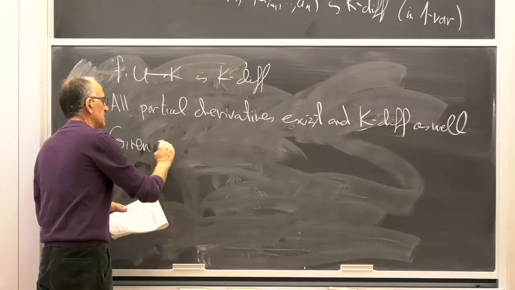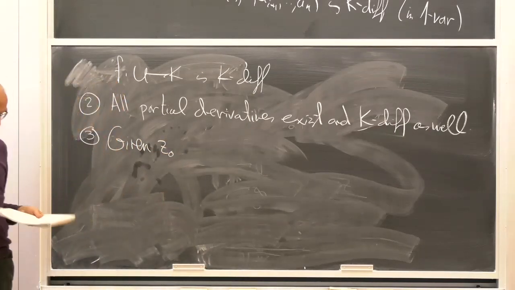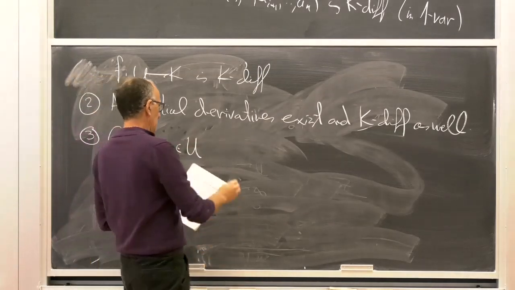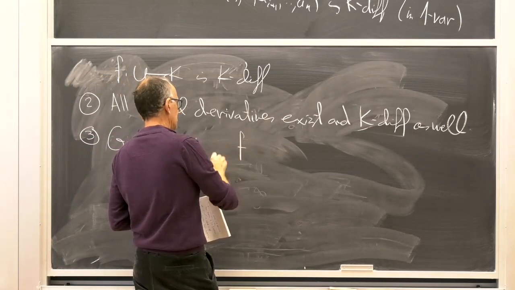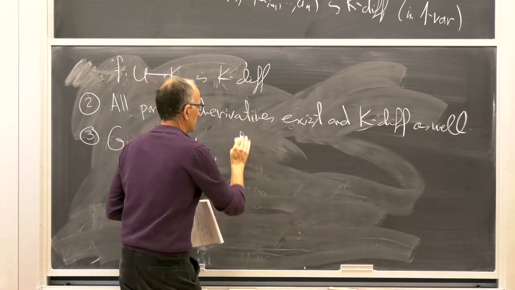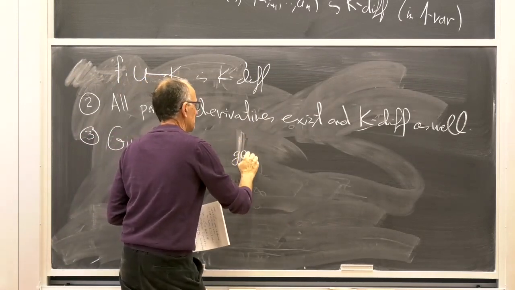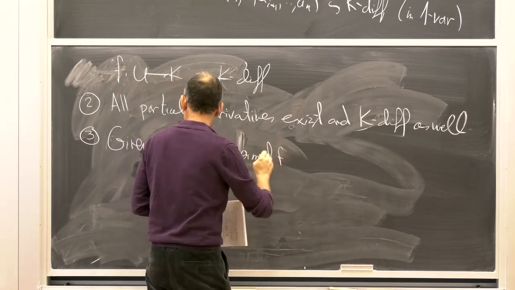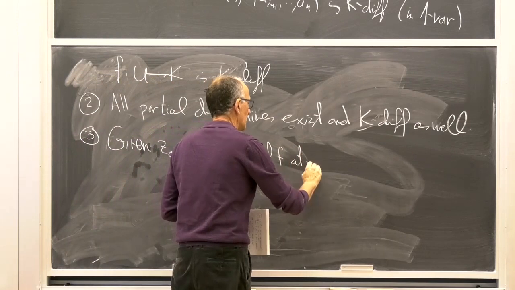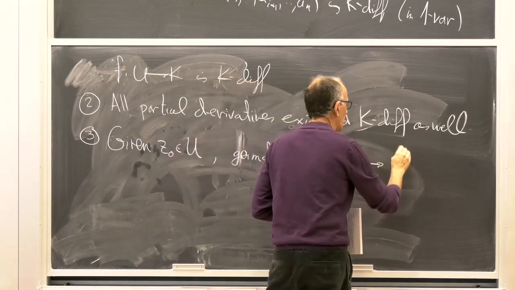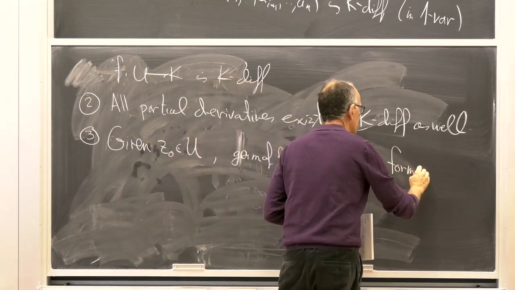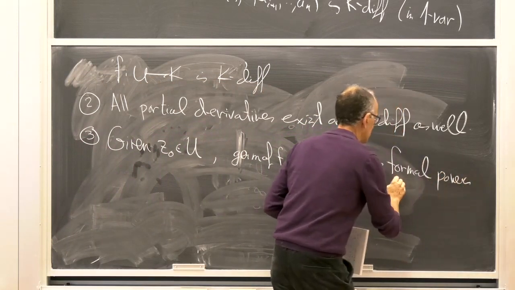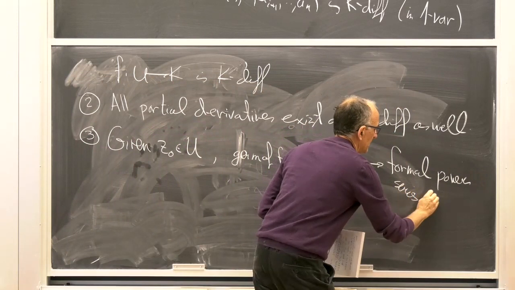And again, we have this quasi-analyticity. I think this is how it's called. The map that sends f, a germ of f at z0, to its formal power series in n variables now.